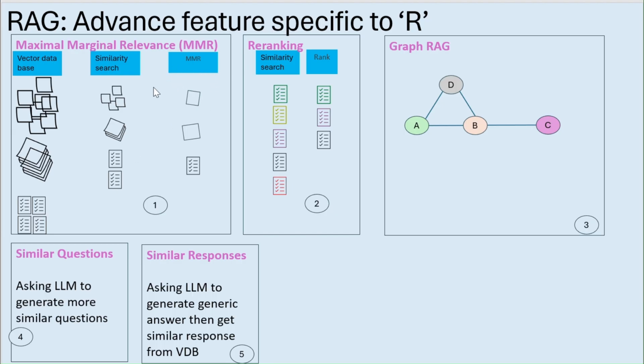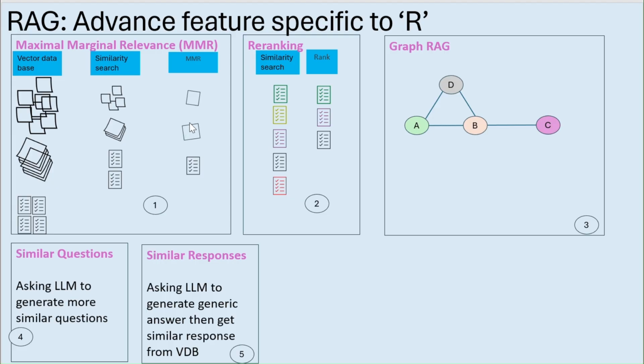This is unique among this set, this is unique among this set, and this is unique among this set, and all three are different from each other. So this one has come from here, this one from here, and this one from here. This is where you try to get diverse results which are non-similar with each other, and this is the concept of MMR.